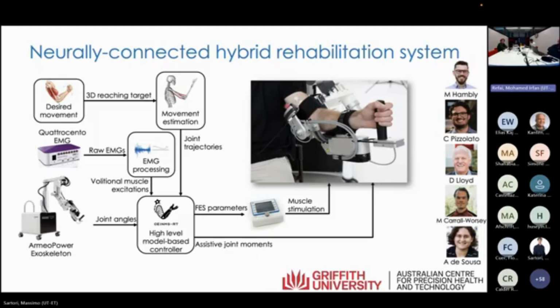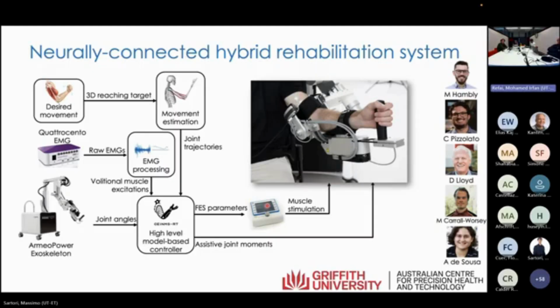Essentially they have a neuro-robotic system that involves a stationary arm exoskeleton, the Armeo Power exoskeleton. But they also use a muscle stimulator to implement functional electrical stimulation of arm muscles. And they essentially use the CEINMS framework in real time to control both the exoskeleton and the functional electrical stimulator.